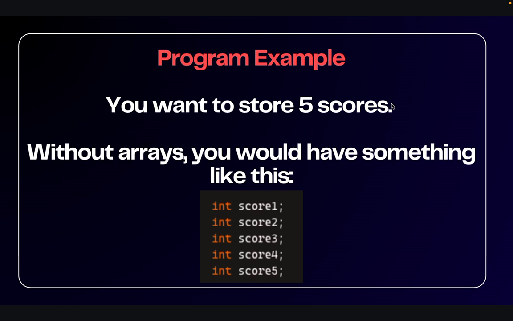Let's say you're creating some program that's going to have to store 5 different scores. Now, what you've known so far is that you can create 5 different variables to hold those 5 different scores. So, arrays are actually going to help solve this problem so that you don't have to create the scores individually. You can create them in a group or a collection.